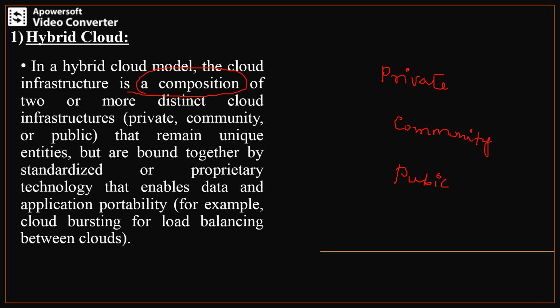We can have different combinations to create the hybrid model, but they remain unique entities, bound together by standardized or proprietary technology that enables data and application portability. For example, cloud bursting for load balancing between clouds.